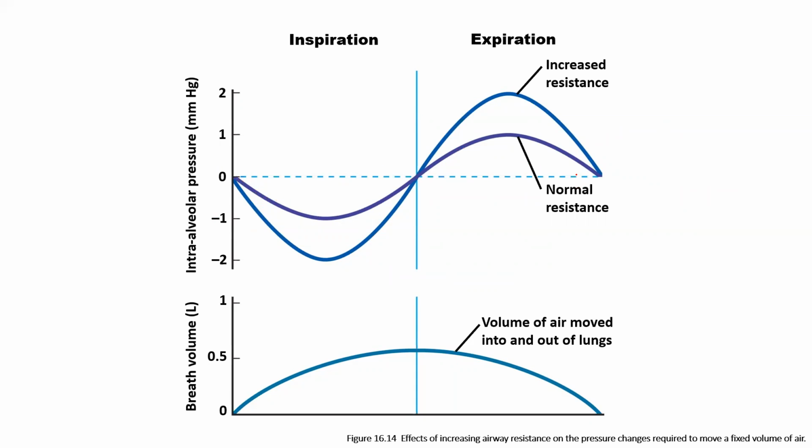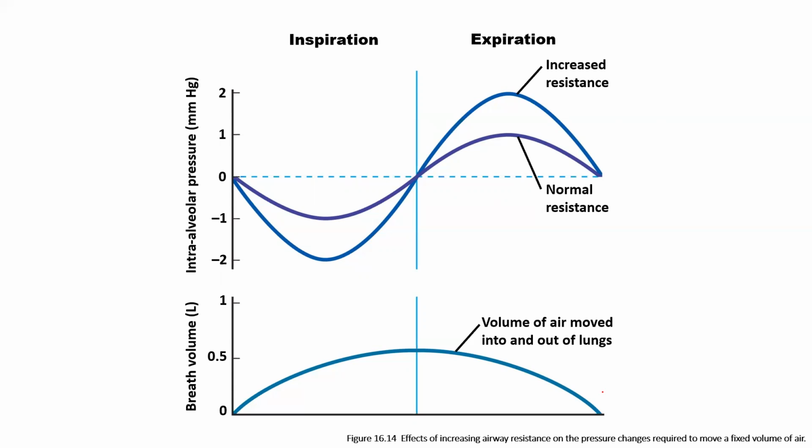But if I increase my resistance, I'm going to need a much bigger gradient. I'm going to need twice the size of the gradient to accommodate the exact same amount of air moving in. A simpler way to say this is, if my resistance goes up, my lungs have to work twice as hard to move the exact same volume of air in and out, okay? And so it's going to require a bigger change in pressures.